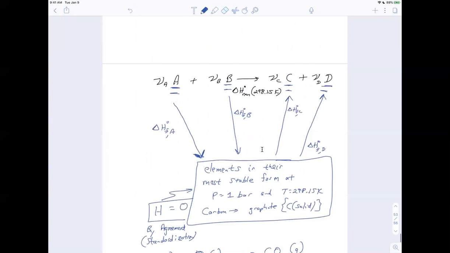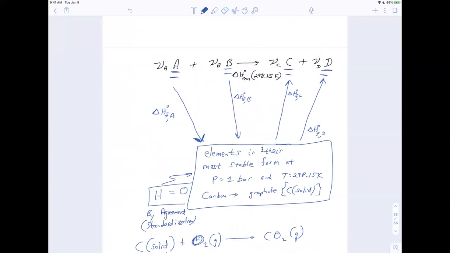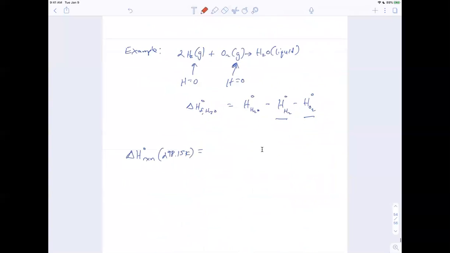So first we're going to have a contribution from this guy, right? So we're going to take A, we're going to form A, but we're going to go in the reverse direction, okay, to the elements. And so that contribution for that step is going to be nu sub A times delta H formation of A.